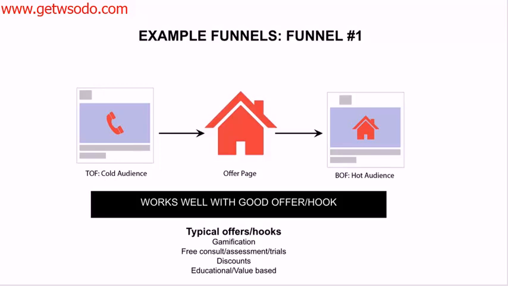It also includes things like freebies or discounts. And it can also be a lead magnet, in the sense of a value-based piece of content, like the five things you need to consider before you get a breast augmentation, or whatever that might be, right? Those are what we call hooks. And if you have a hook to work with, typically this funnel will work with lead gen.